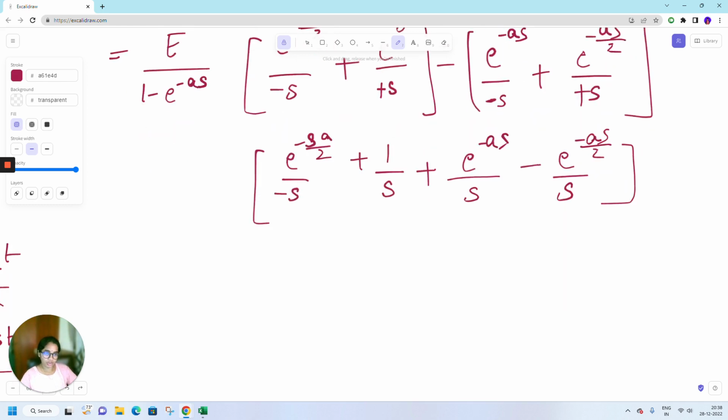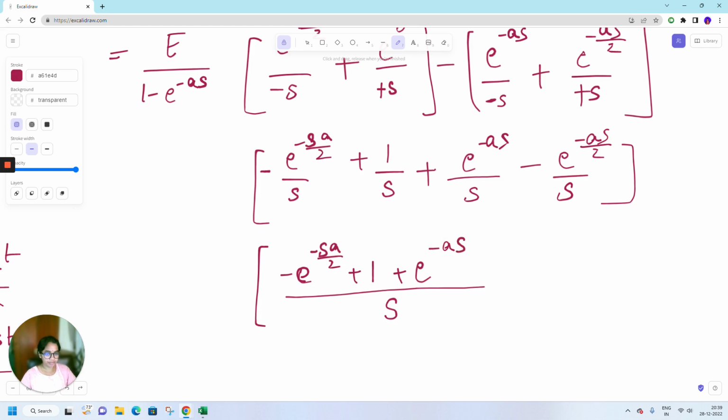So what would happen if I take the LCM? So this negative sign, I can also write it here, right? In the middle, something like this. So what is the LCM? Clearly in the denominator, everywhere I have s. So let me write that down. In the numerator, I have minus e power minus sa by 2 plus 1 plus e power minus as minus e power minus as, or sa, it means the same.